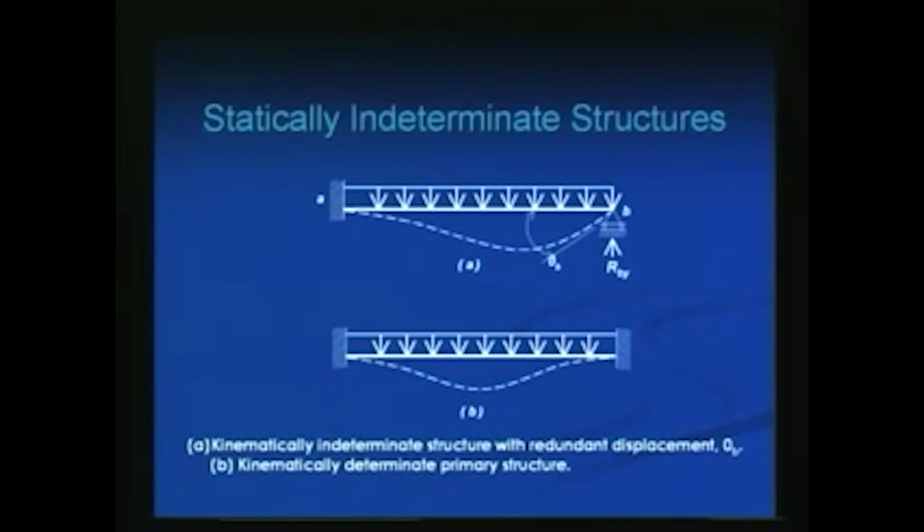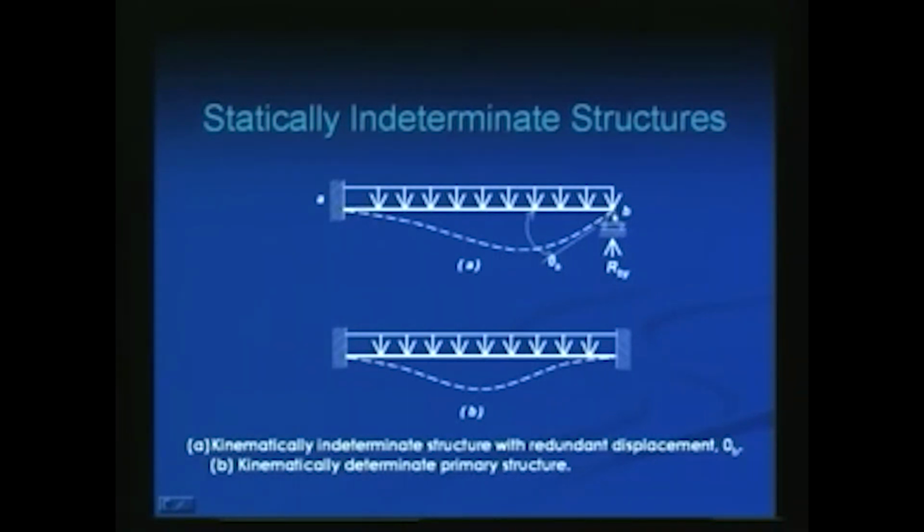Now let us look at this particular member. Look at the top. How many degrees of freedom do you think it has? Well, think about it. There's one frame, one member. How many joints? 2 joints.